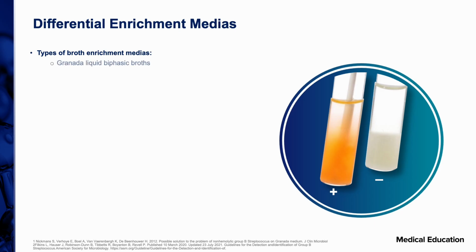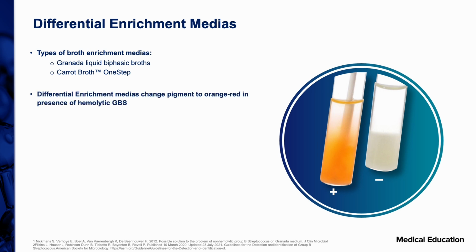One is Granada liquid biphasic broth, and then there's carrot broth. So carrot broth, you can actually see in this picture, not surprisingly, it's orange like a carrot. You can see that group B strep that's positive is carrot colored, and a negative is non-carrot colored, which would indicate not group B strep.